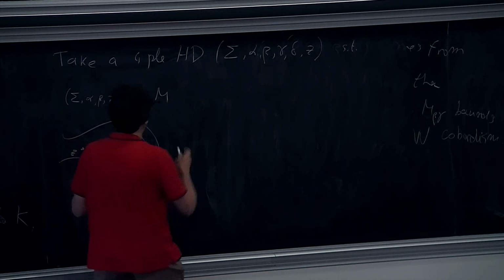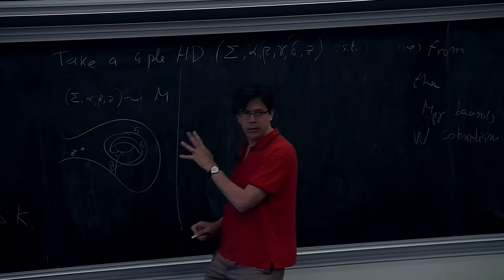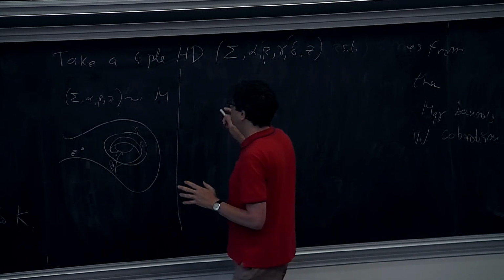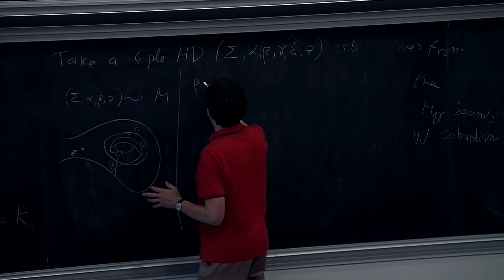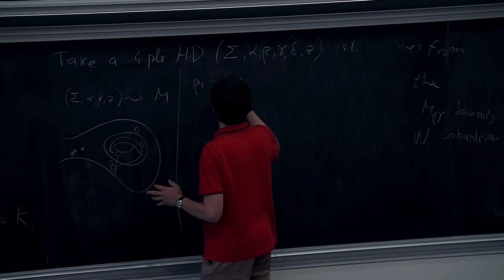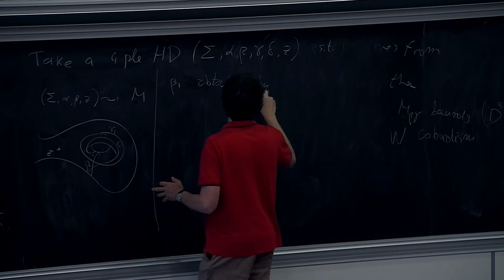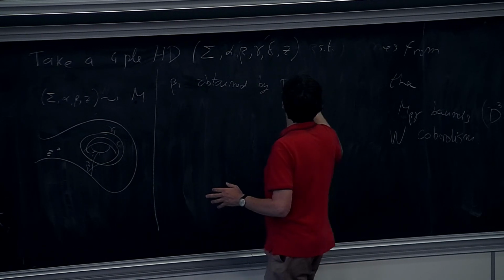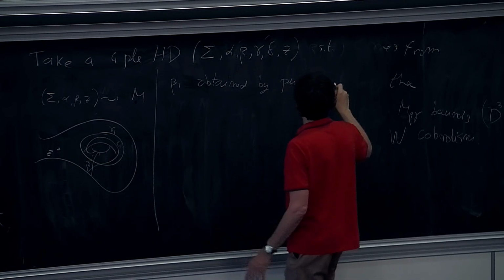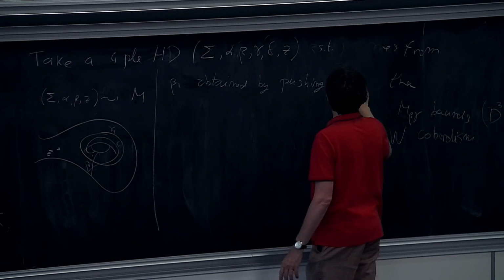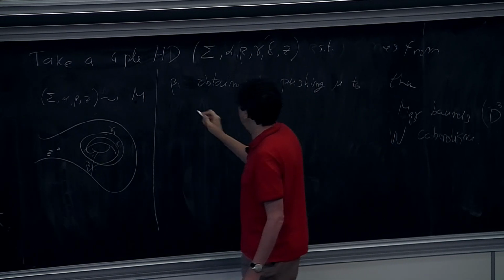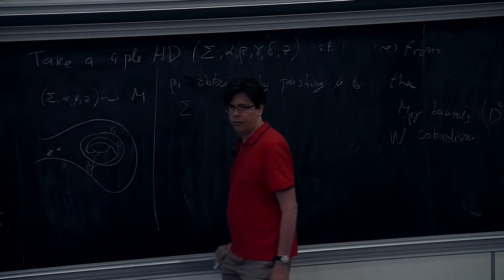I will tell you how they are constructed. Beta 1 is obtained by pushing the meridian to the Heegaard surface.